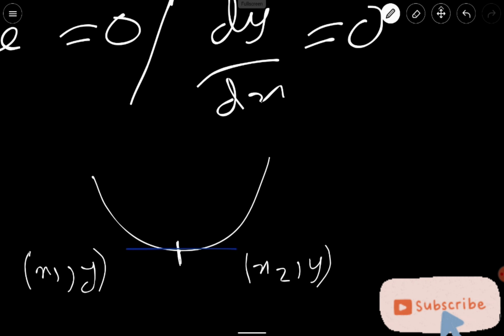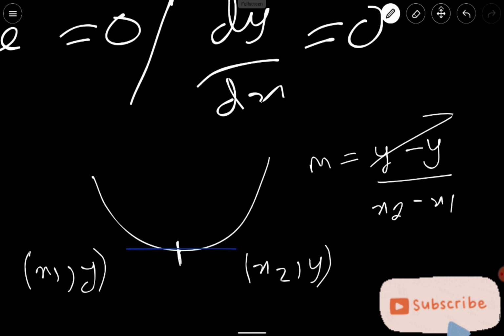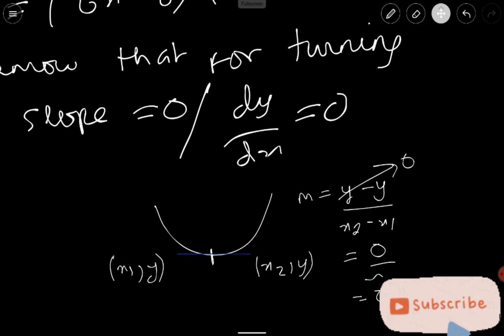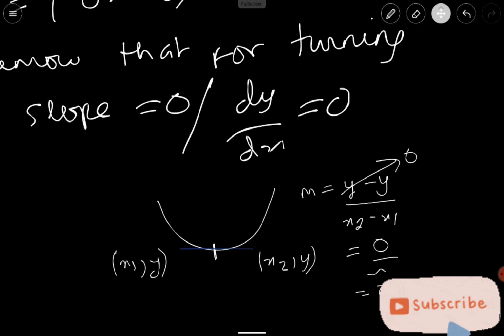So the slope is y2 minus y1, so both are the same, divided by x2 minus x1. So this gives us a 0, since 0 by anything will give us a 0. So from this we can say that for turning points we get a slope which has a value of 0.